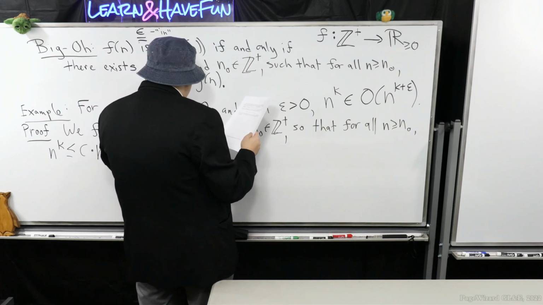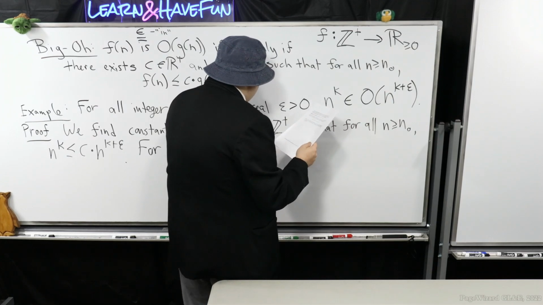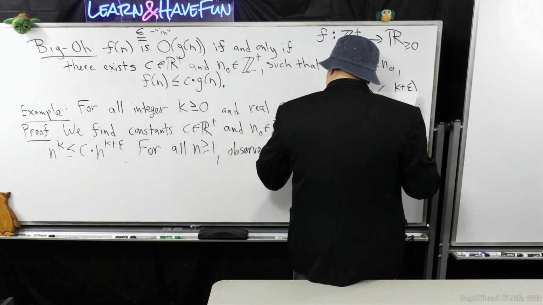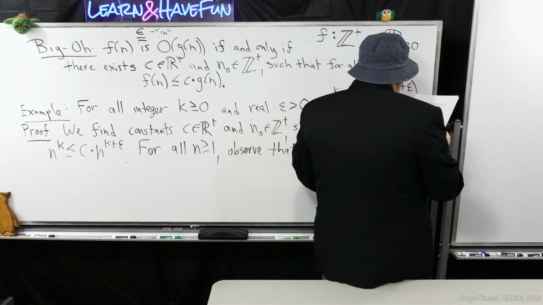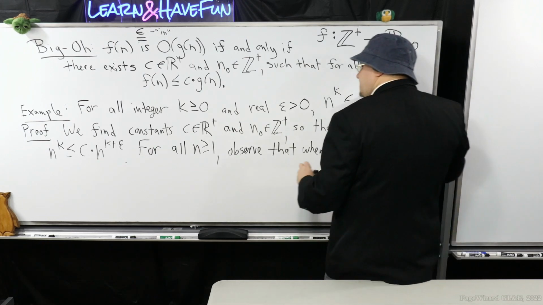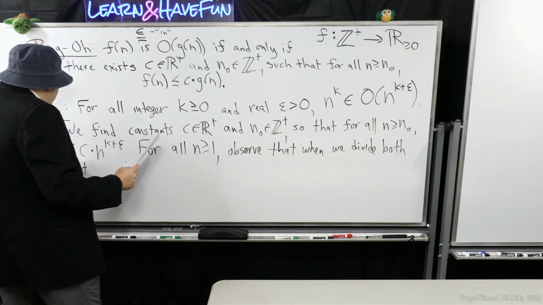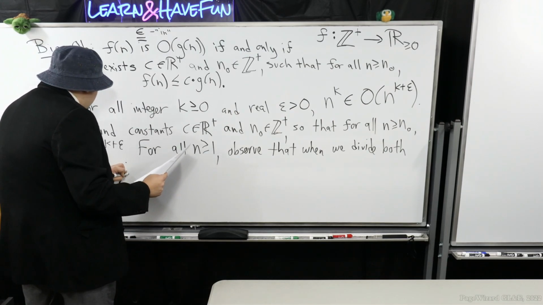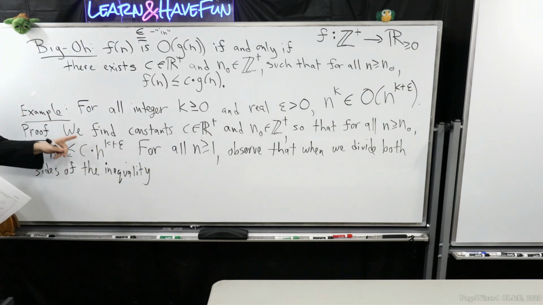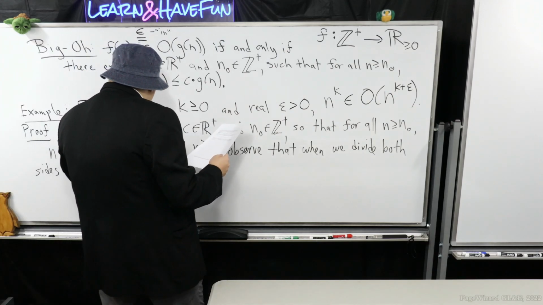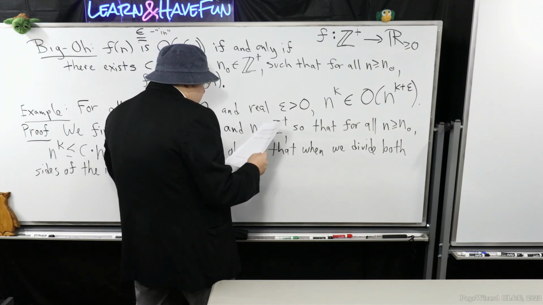For all n greater or equal to 1, observe that when we divide both sides of the inequality, we're talking about this one right here, by n to the power of k, we get the following.